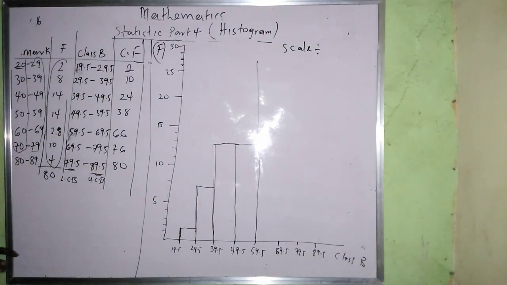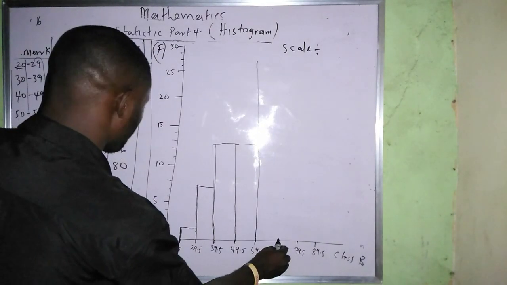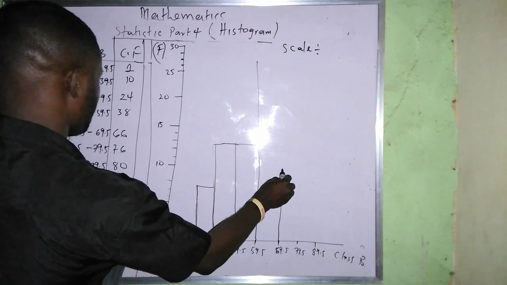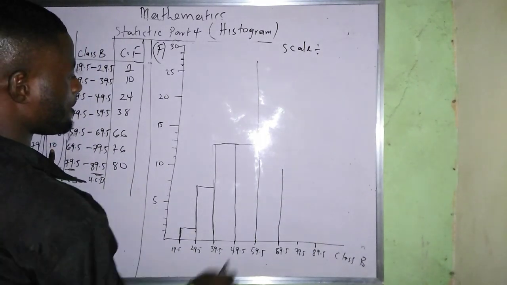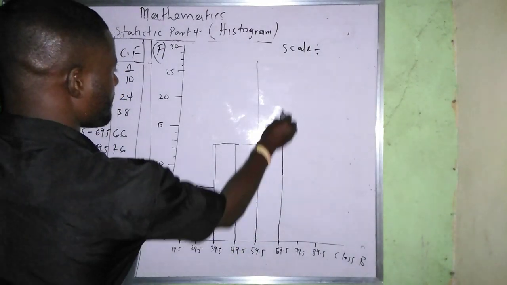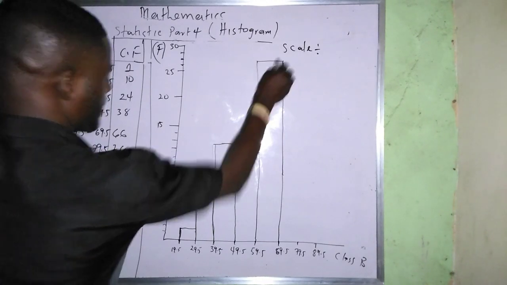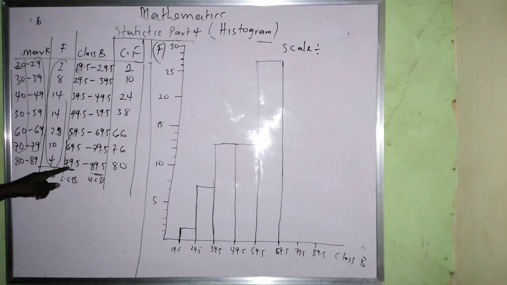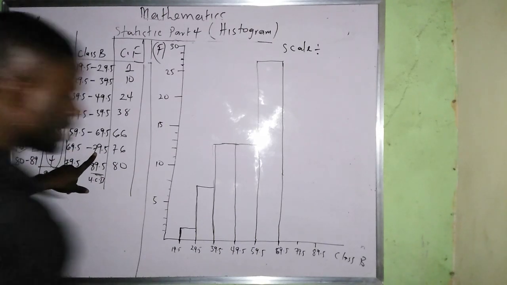Now, 69 is in 10. This is going to be my 10. It means I'll be having 10. Now, 69 to 79 is going to be 10.